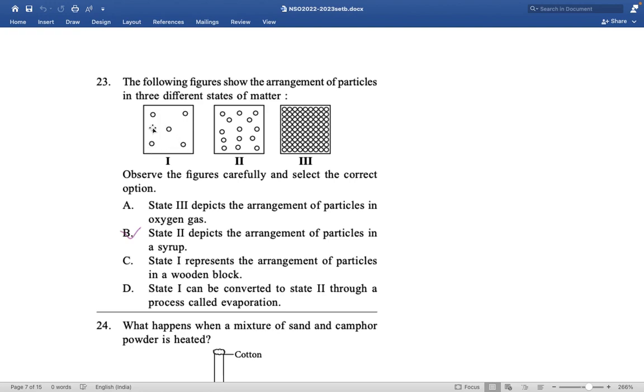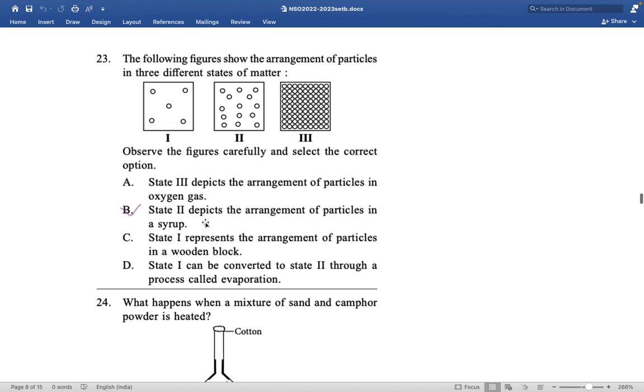Here, state 1 is gas, state 2 is liquid, and state 3 is solid. State 3 depicts the arrangement of particles in oxygen gas. This is false. This is a solid, and oxygen gas is a gas. State 2 depicts the arrangement of particles in a syrup. Syrup is a liquid, and state 2 depicts a liquid.